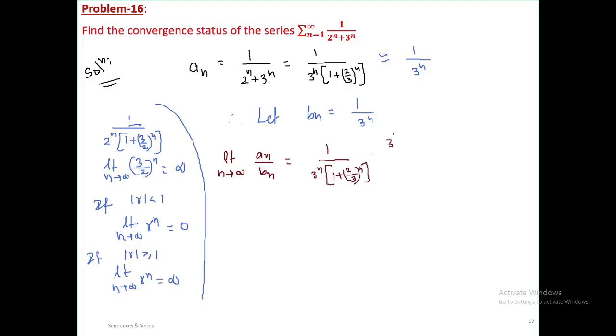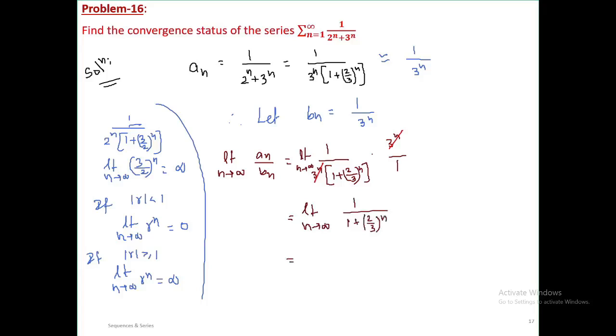What is bn? 3 power n by 1. So therefore 3 power n and 3 power n cancel out. What remains? Limit n tends to infinity, 1 upon 1 plus 2 by 3 whole to the power of n.